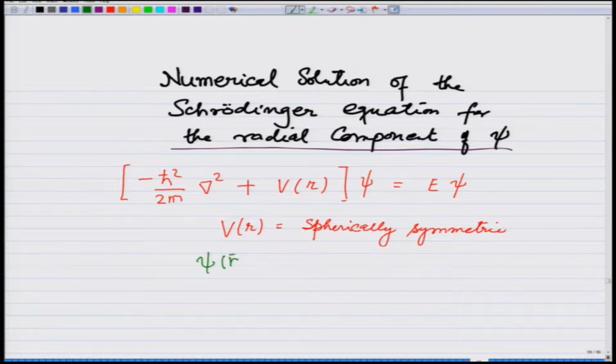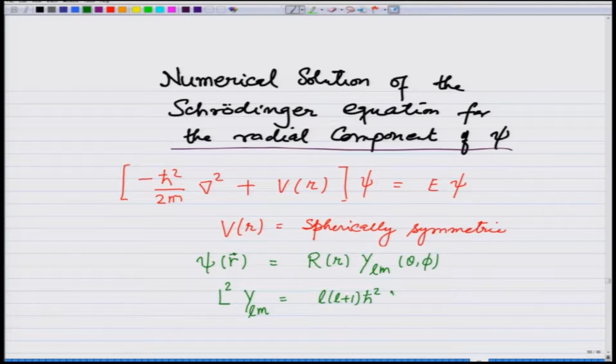as a function of r vector can be decomposed through separation of variables as R of r times Y L m of theta and phi, where Y L m's are the eigenfunctions for the square of the angular momentum, with eigenvalue L times L plus 1 h cross square, and also of the z component of the angular momentum, which comes out to be m h cross.